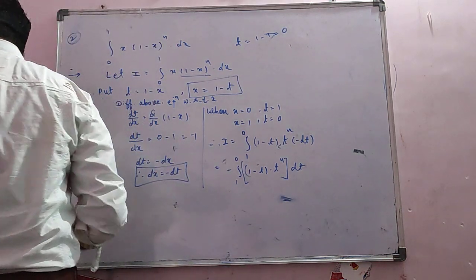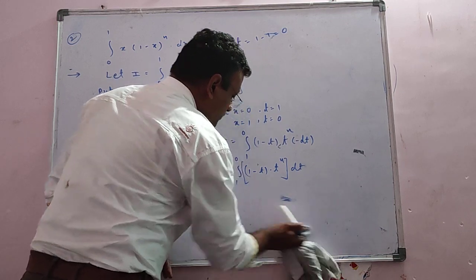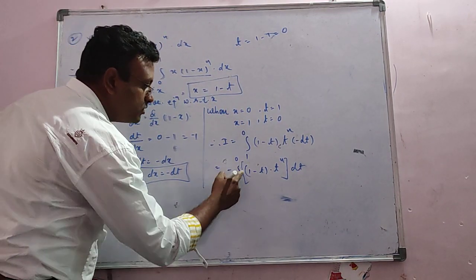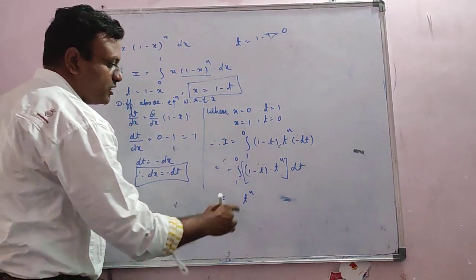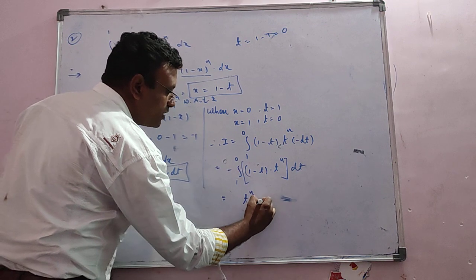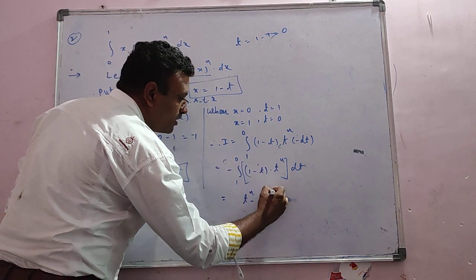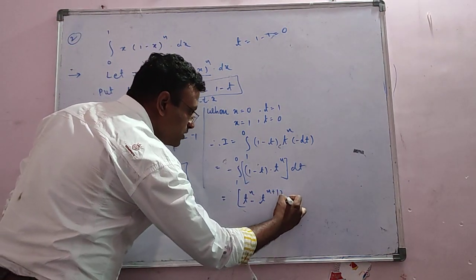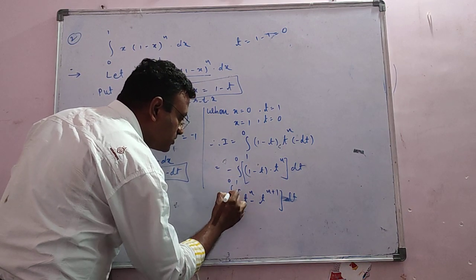Now see here. So 1 will multiply with t raised to n. So this is t raised to n minus t into t raised to n. By the laws of indices, the power of t is 1 plus n, that is n plus 1. This is in the bracket, with the integration from 1 to 0 outside and this minus.